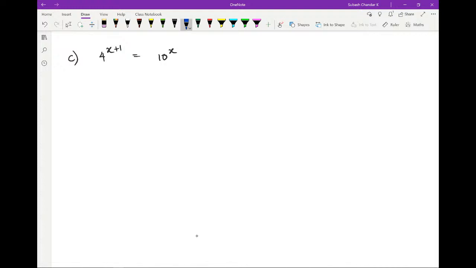All you got to do in this type of question is you do this. You put log, and then log 4x plus 1 equals log 10x. Step 1, that's what step 1 is. Step 2 is this. One of the log rules, and this log rule is actually given to you guys in the exam. It looks like this.